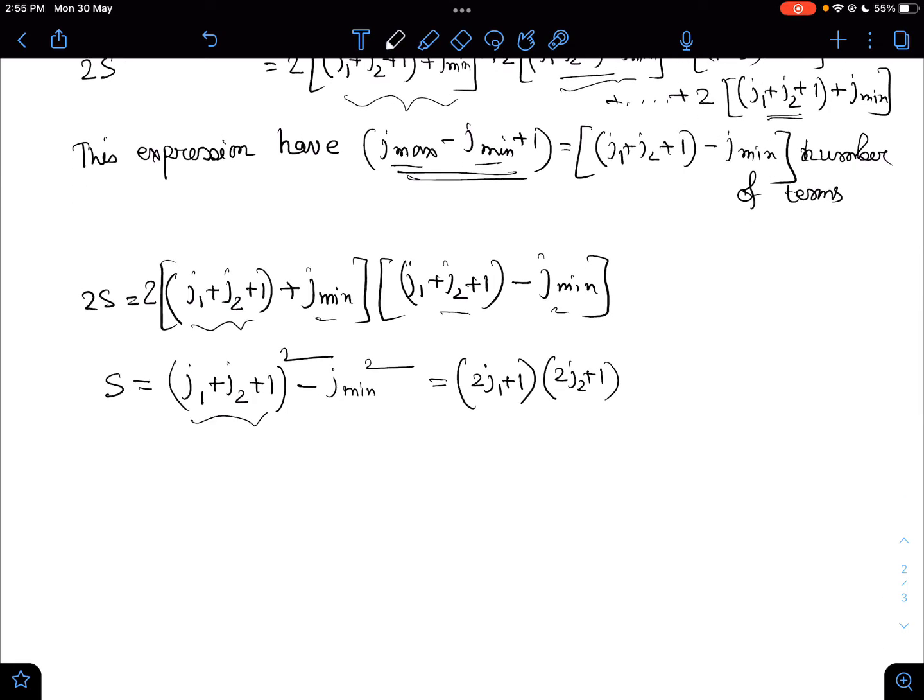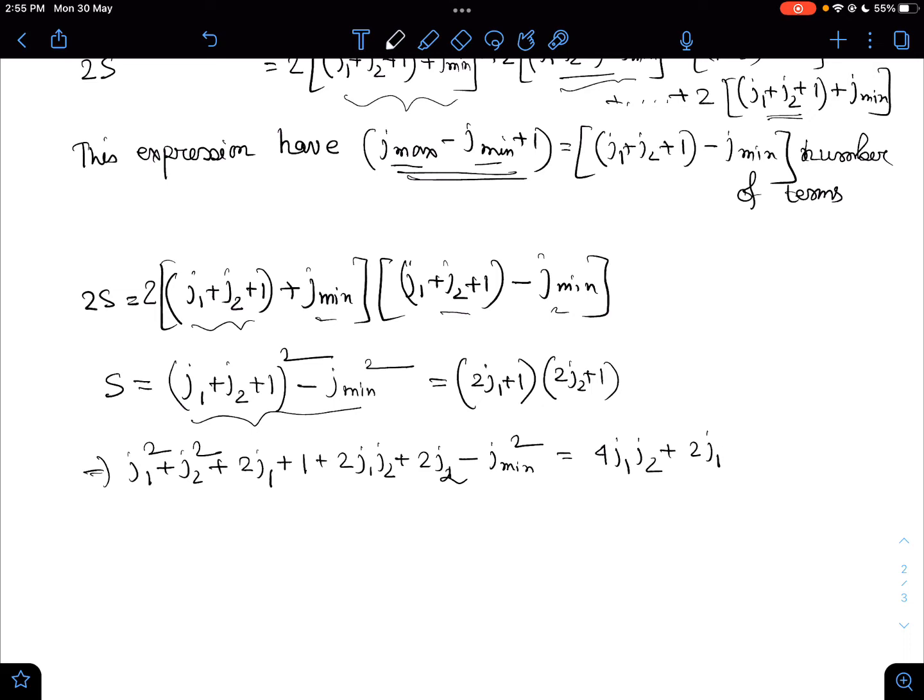So let us expand this. We have J1 squared plus J2 squared plus 2J1 J2 plus 2J1 plus 2J2 plus 1 minus J min squared, equal to 4J1 J2 plus 2J1 plus 2J2 plus 1.